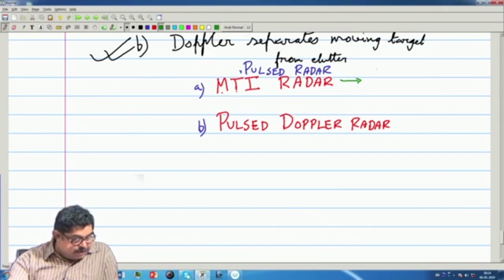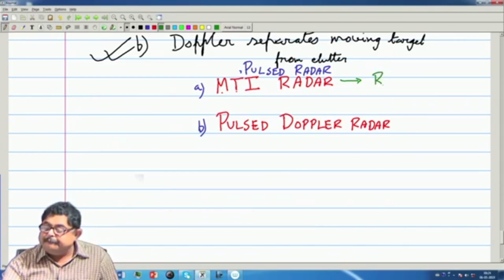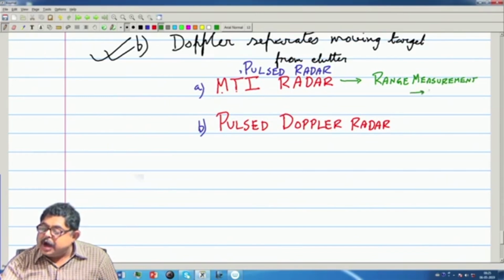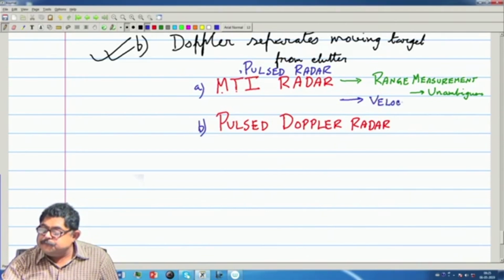Now, MTI radar is designed so that its range measurement is unambiguous, and the velocity measurement may be ambiguous.